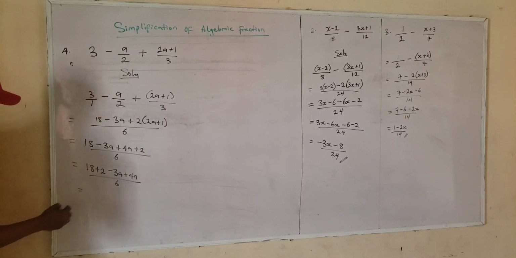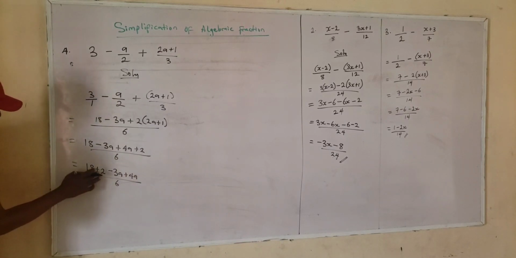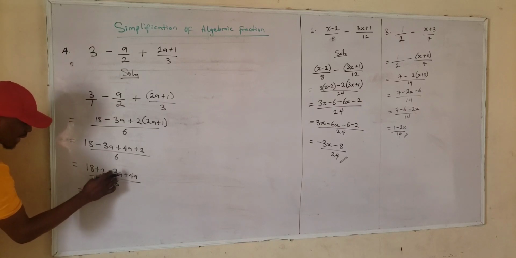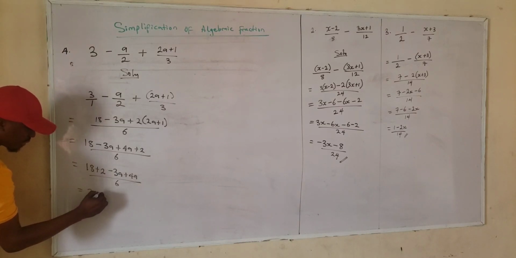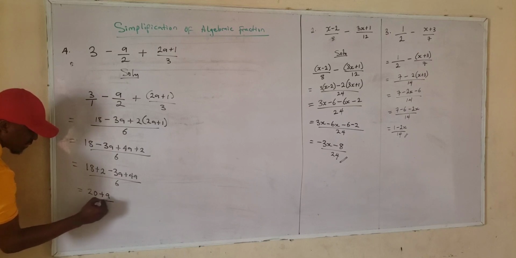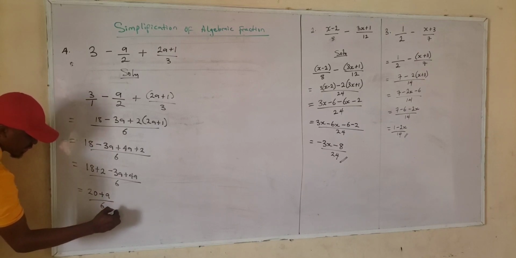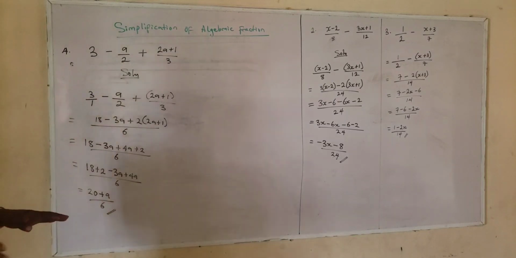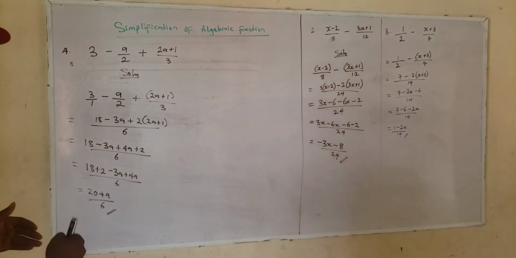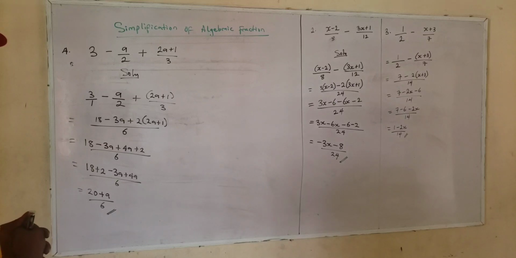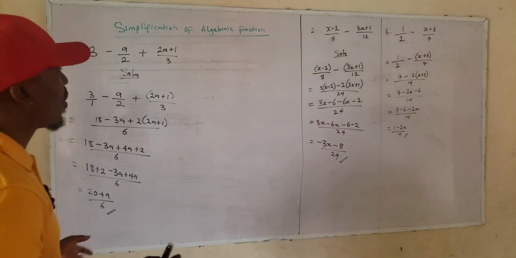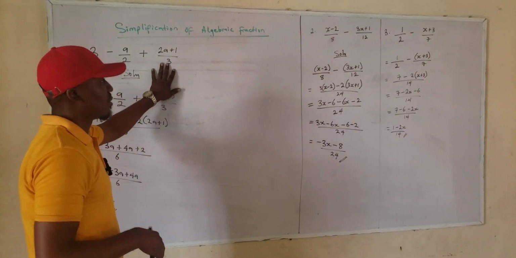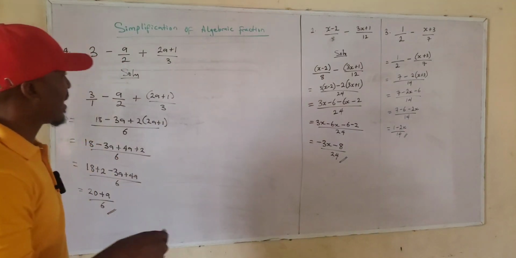So when you do that little arithmetic there, that will give you 20, and this will give you plus a all over 6. So that is our answer. Okay, so you can see that it's a very simple thing to do, using simplification of algebraic fraction when you have numbers at the denominator. Okay, when you have numbers at the denominator.